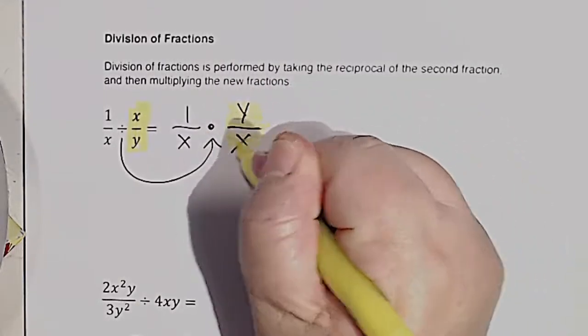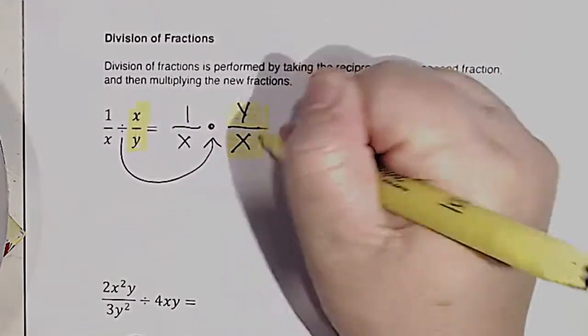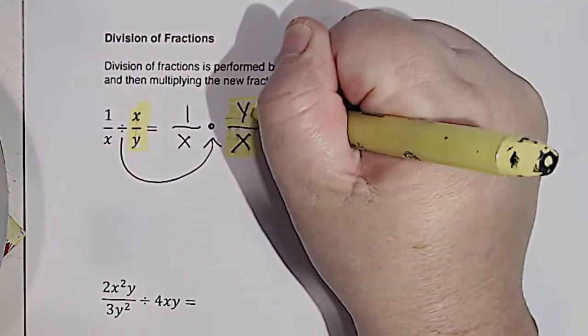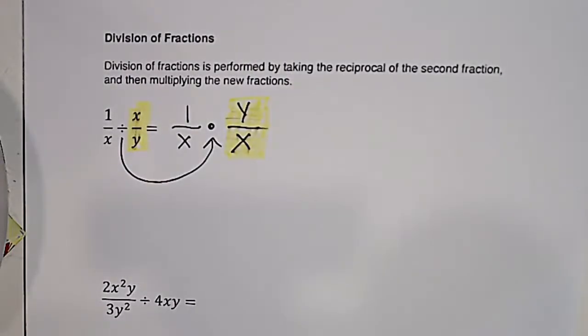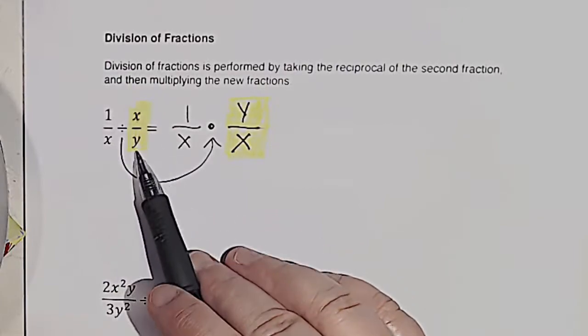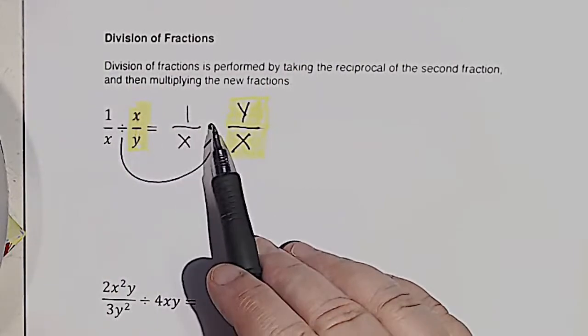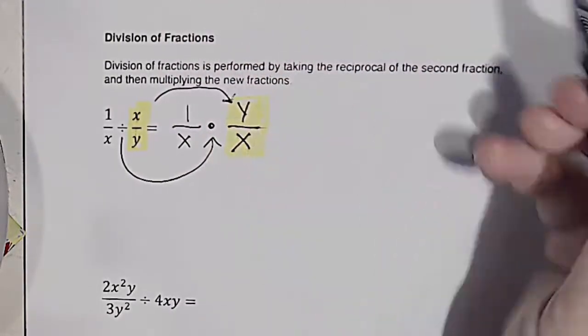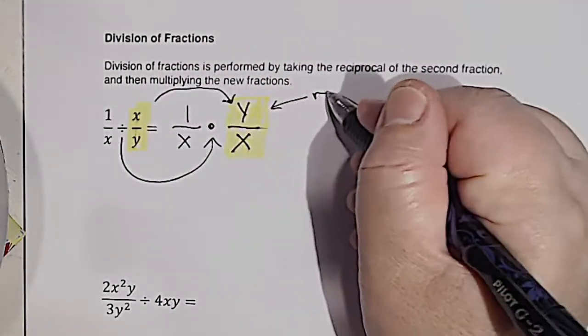Perhaps one of you will go out into the world and invent a smearless highlighter. That would be amazing. Okay, so let's take a look at this. 1 over x divided by x over y equals 1 over x times y over x. So this flipped. That's the reciprocal.